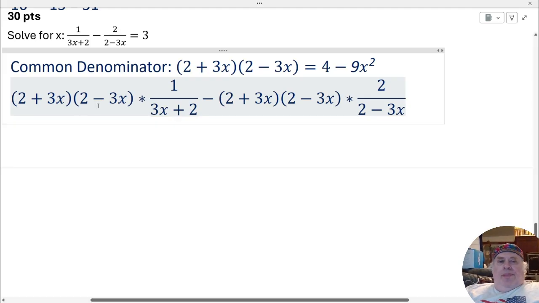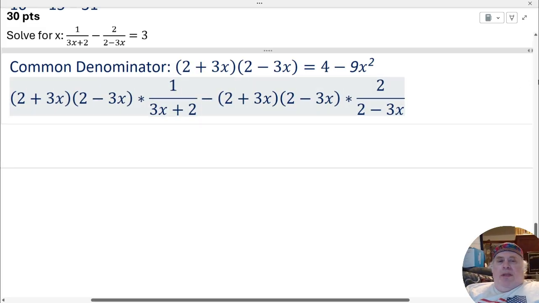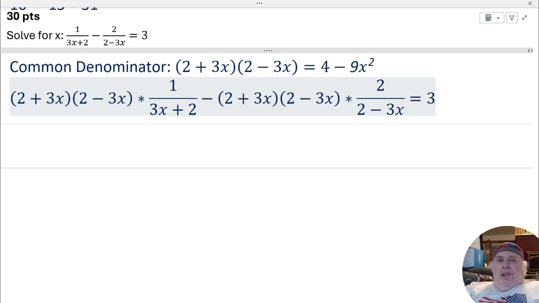And I'm going to give myself a little more space to do this. That is equal to 3 times 4 minus 9x squared.